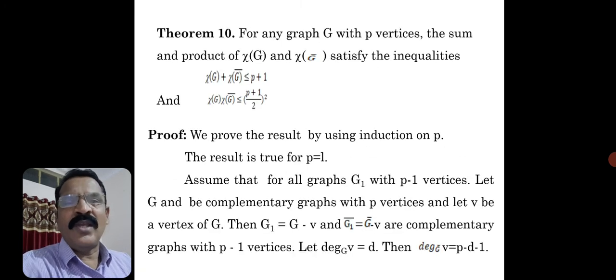Now, as we got a result in the previous session, similarly we have a result in a different form. For any graph G with P vertices, the sum and product of the chromatic number of G and the chromatic number of G bar, that is the complement of G, satisfy inequalities.